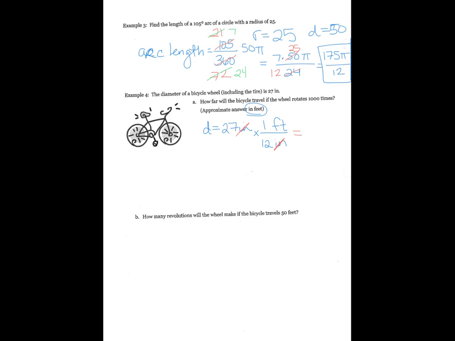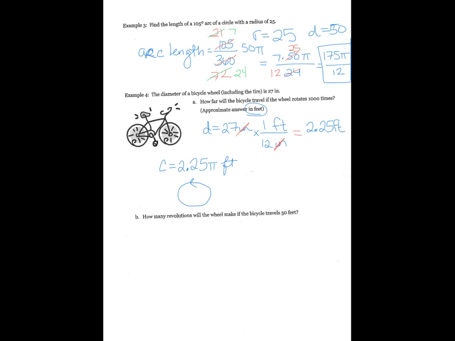So you end up with exactly 2 1/4 feet. From there, we know that the diameter is 2 1/4 feet, so the circumference is going to be 2 1/4 pi feet.